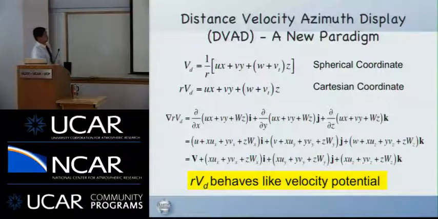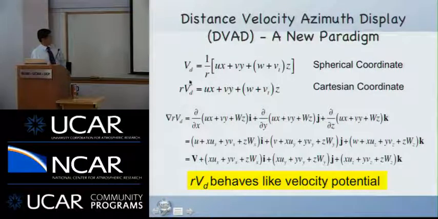Now, let's move to the distance velocity azimuth display. Maybe it's a new paradigm. This is the original equation for Doppler velocity. Multiply it by 1 over r, which is a spherical coordinate concept.